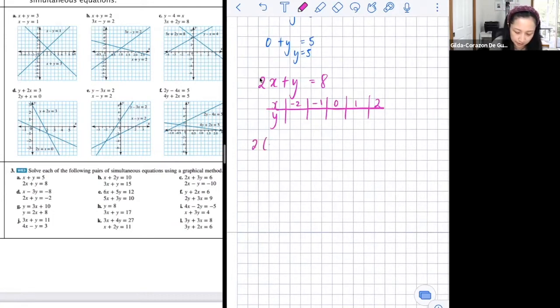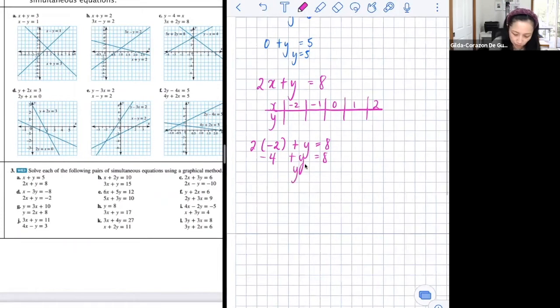When I put brackets, that means it's multiplication between 2 and -2. Plus y equals 8. So that becomes -4 plus y equals 8. What did we add to -4 to get 8? That must be 12. So we say that y is 12.